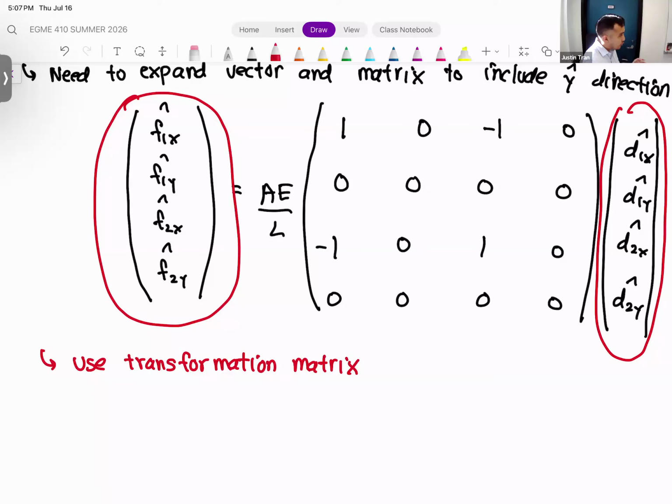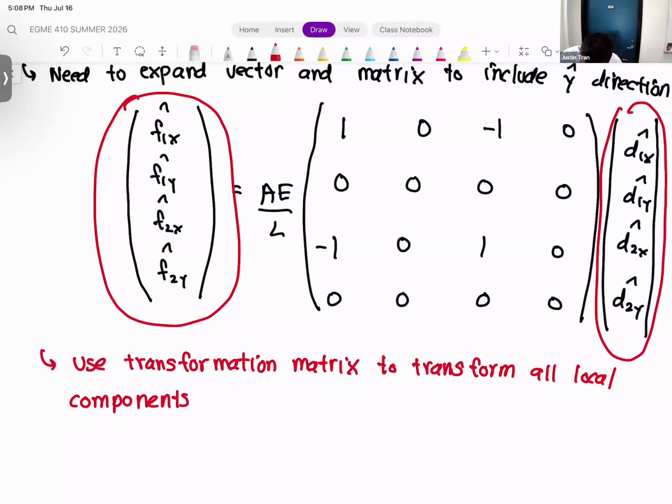We're going to use that to basically transform every vector component with a hat into the stationary coordinates.